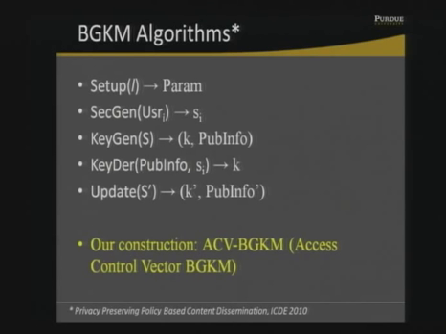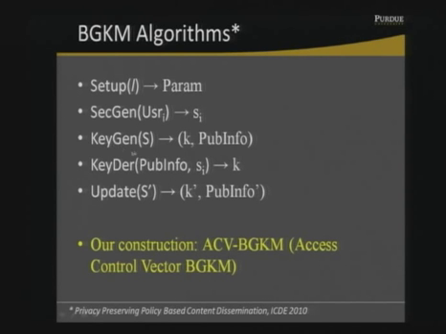So the broadcast group key management scheme, we abstract it into 5 algorithms. The first one is setup, which sets up some public parameters that we need to use in the scheme. Then the secret generation, where it takes user identity and generates a secret.